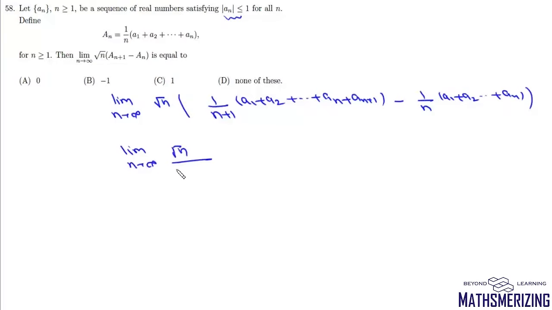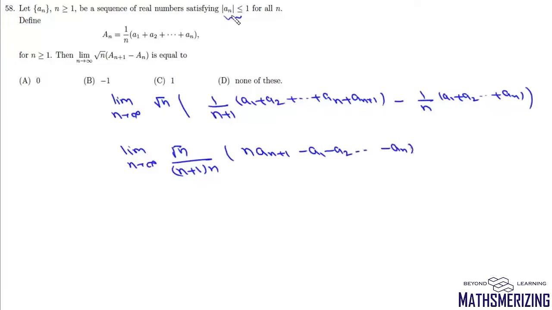The LCM will be n plus 1 into n, and here we'll get n a1, n a2 up to n an, plus n a(n+1). Now n a1 minus (n plus 1) a1, so it'll be minus a1 minus a2 and minus an.